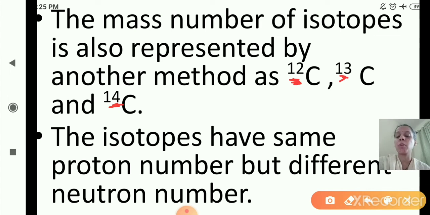Isotopes have the same proton number but different neutron numbers. Now we have studied about mass numbers. Mass number means number of protons plus number of neutrons. So isotopes have the same proton number but different neutron numbers.